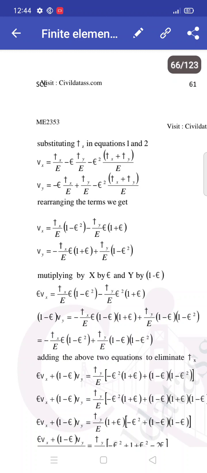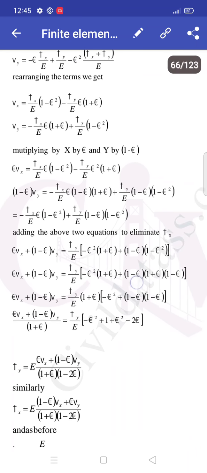So multiply x by ν and y by 1 minus ν. So ν εx is equal to σx by E ν(1 minus ν square) minus σy by E ν square (1 plus ν). So (1 minus ν) into εy is equal to minus σx by E ν(1 minus ν)(1 plus ν) plus σy by E (1 minus ν square).